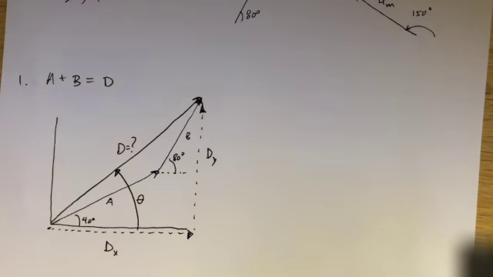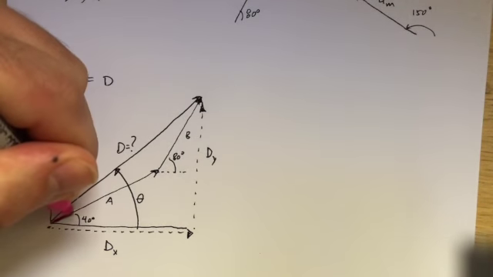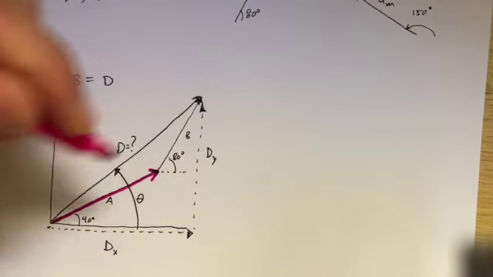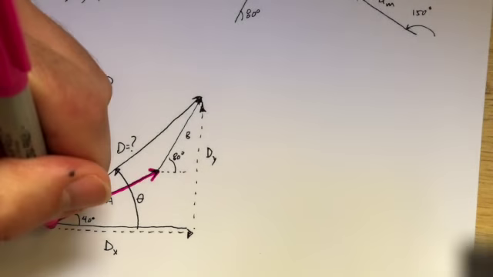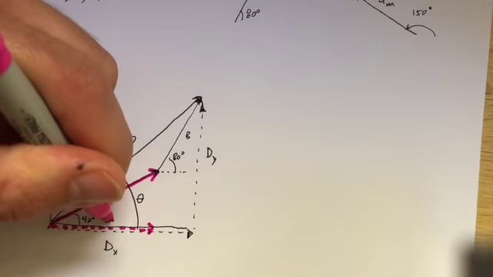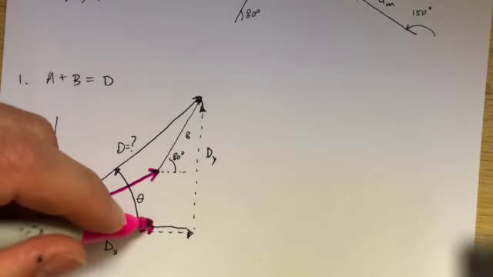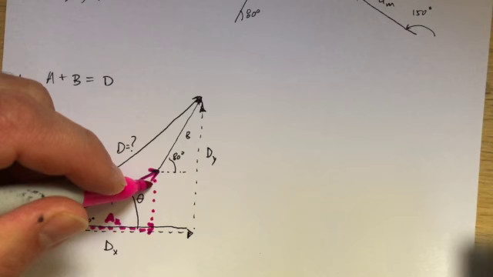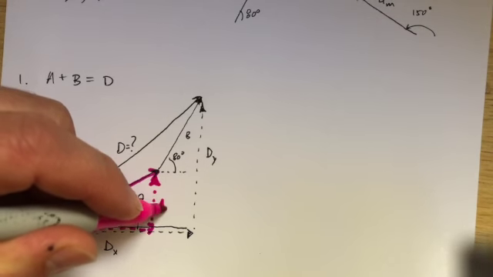All right, well, I don't know what those are, but I can figure those out if I break A and B up into their components. So let me make A a different color here. Here's A, and A has an x component right here and a y component right here.